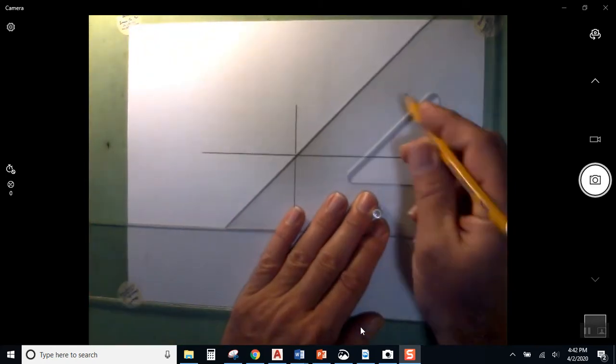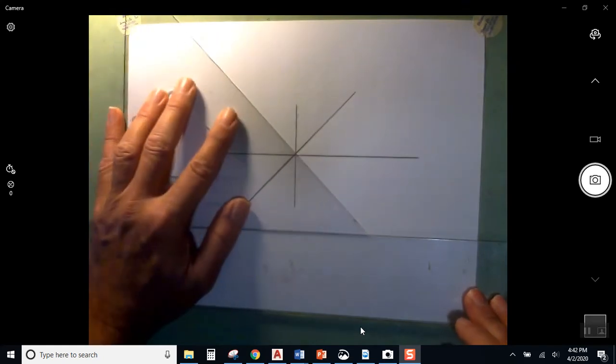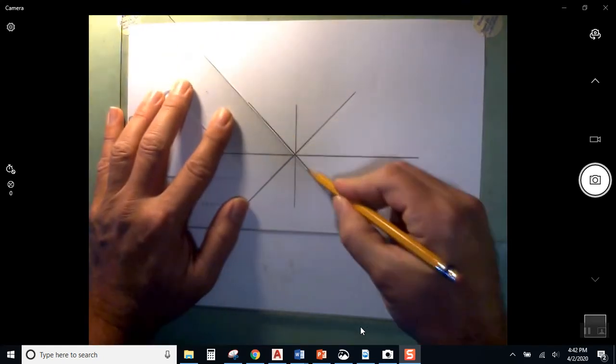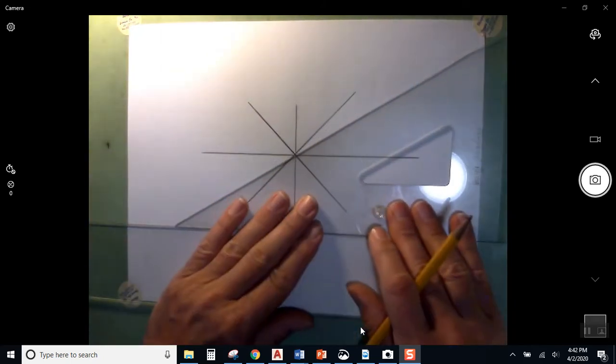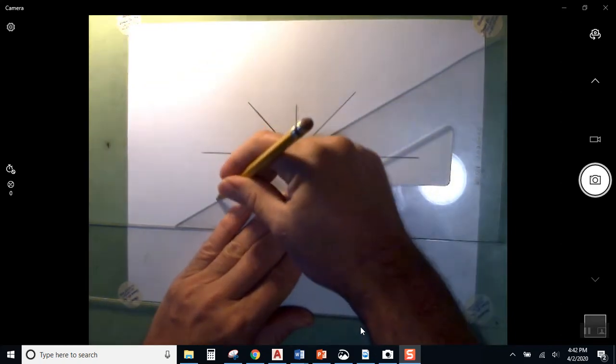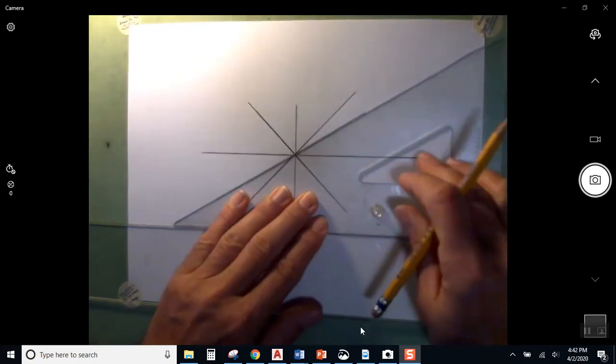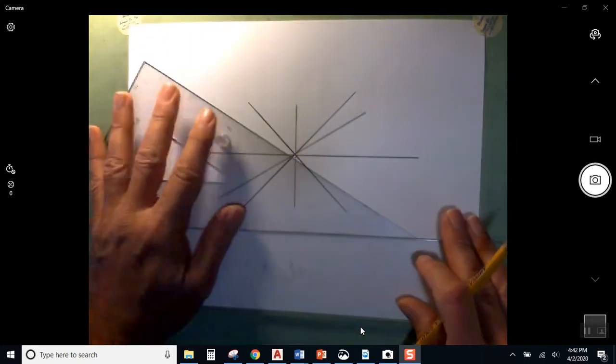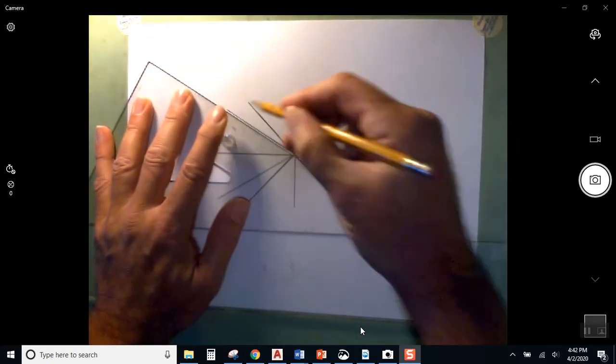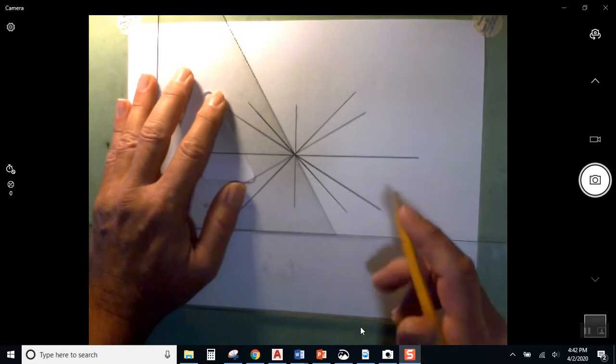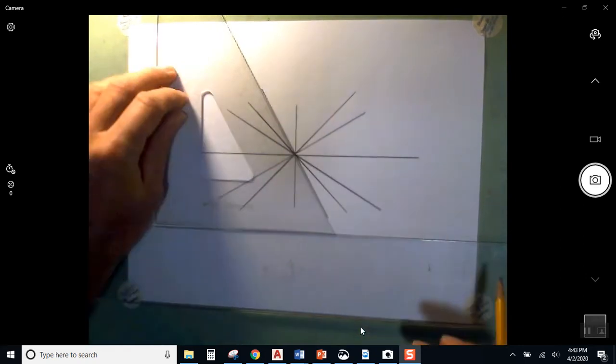And then we can take our 90s and bust them in half with 45 degrees in both directions. Alright, and now there's 8 angles. And then I can take my 30, 60, 90 and go 30 this way, and 30 that way, and then 60 this way, and 60 that way.